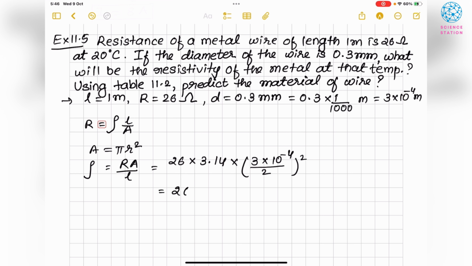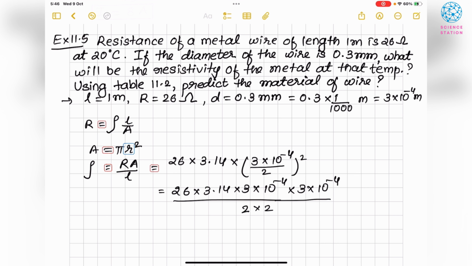So that is 26 into 3.14 into 3 into 10 raised to minus 4 into 3 into 10 raised to minus 4 whole upon 2 into 2. So if I cancel that out, I am getting 13 into 1.57 into 3 into 3 into 10 raised to minus 8.